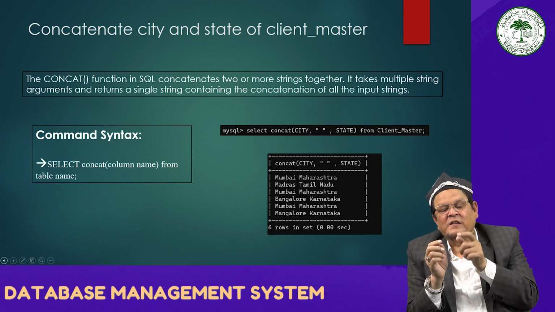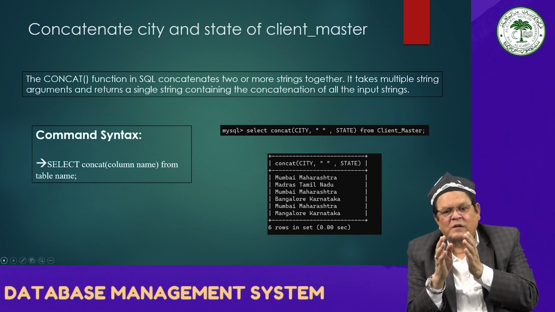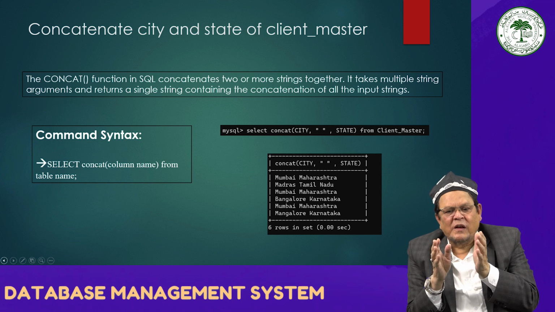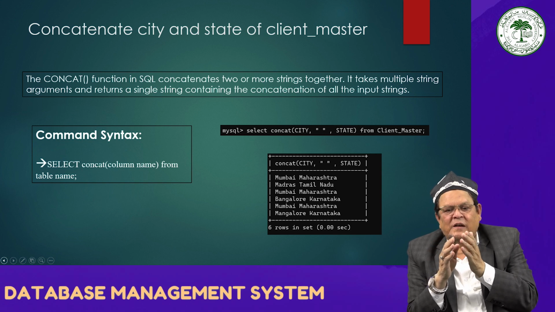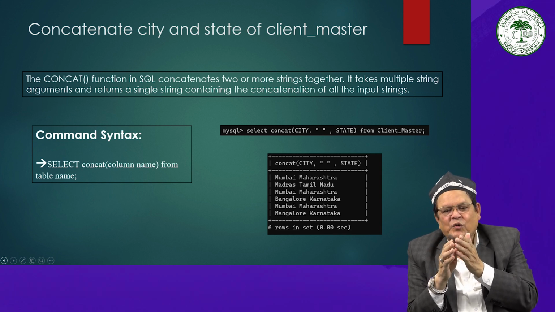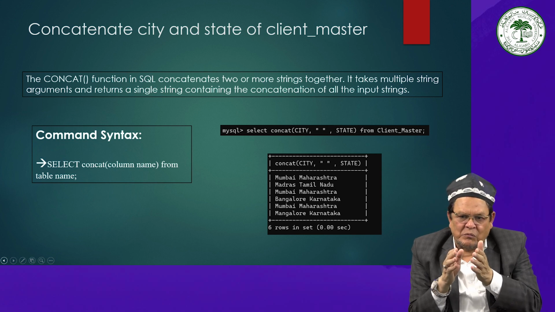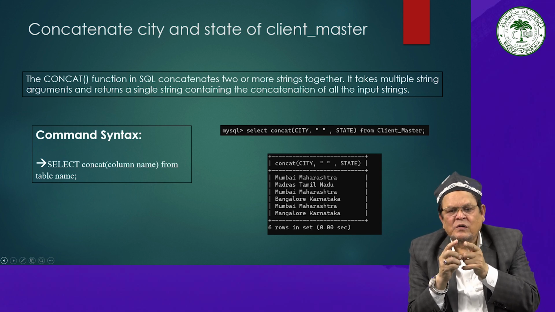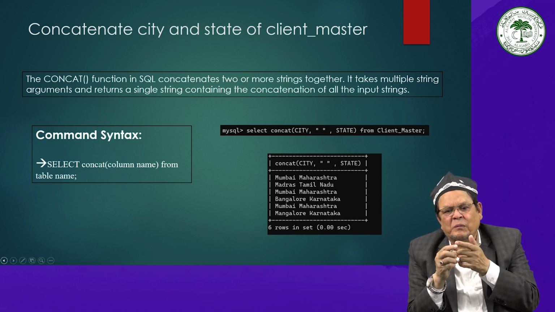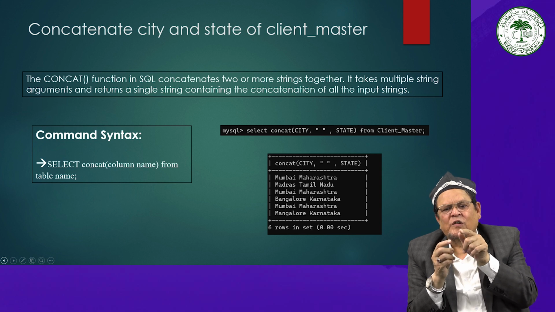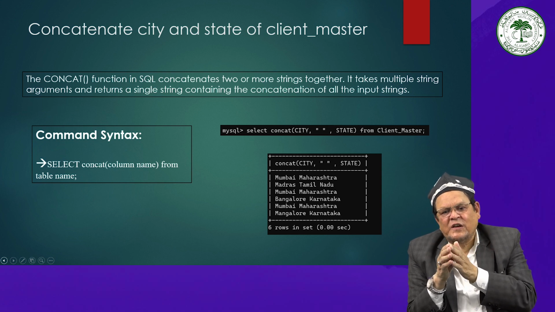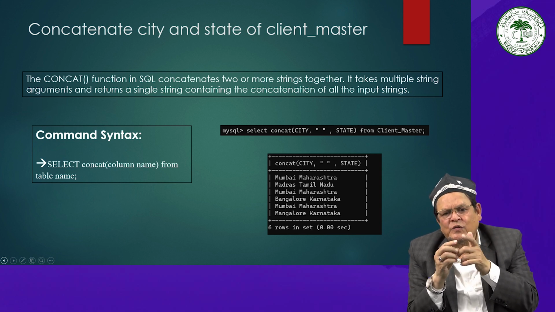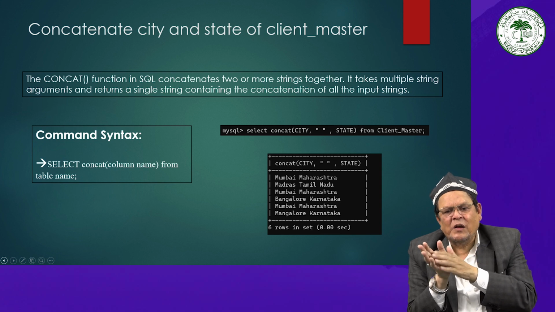Then a comma. If you do not give a blank, it will write the city name and state continuously. So if you want to add a blank, within double quotes you give one blank, then state, and close the parenthesis, from client master.